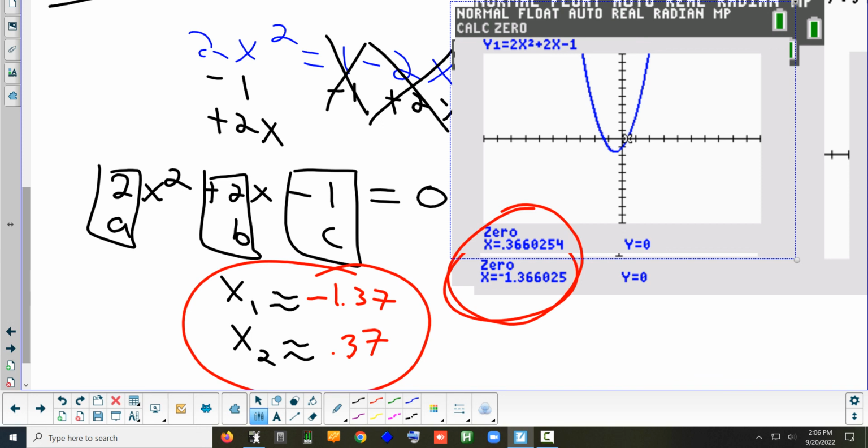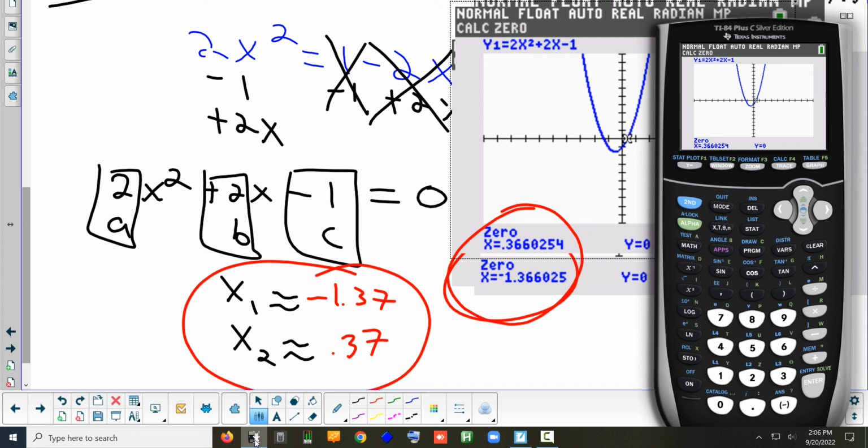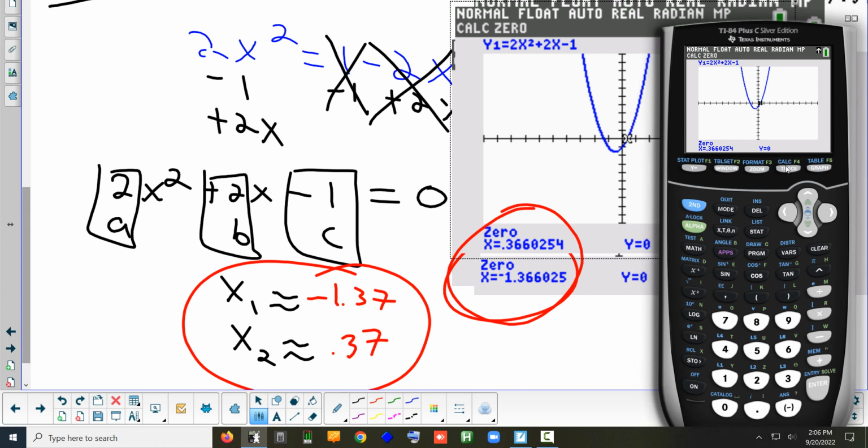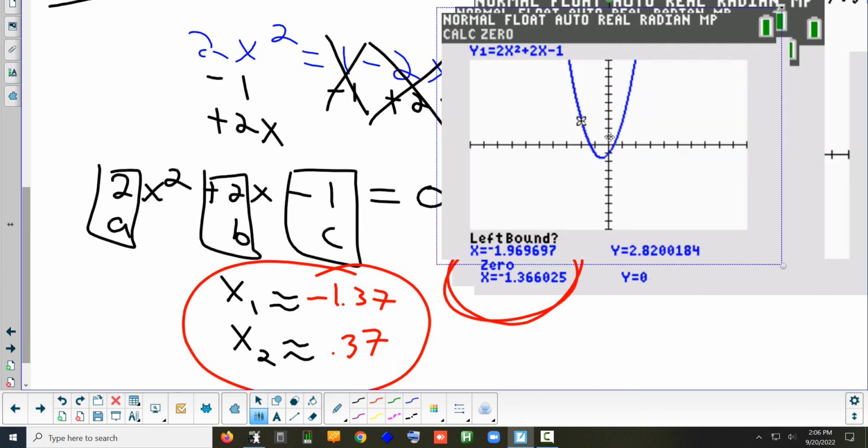I'm getting an error. You're getting an error? Did you get the graph to show up? Yeah, I got the graph to show, but then when I do the second, calc, zero, and I do the left bound, the right bound, it'll say error. So second calc, let's just do it again. Second calc, zero. So your left bound should be somewhere right around there.